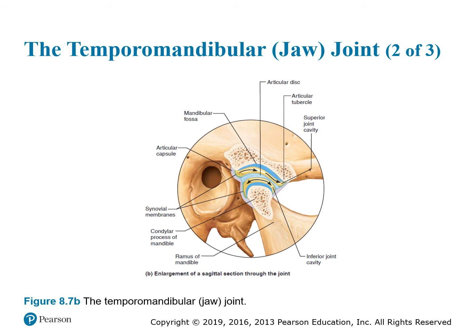Getting in a little bit closer, we can see more details here. Here we have the synovial membranes, the condylar process of the mandible, the ramus of the mandible, the inferior joint cavity, the superior joint cavity, anterior tubercle anteriorly, the articular disc, mandibular fossa, and articular capsule.